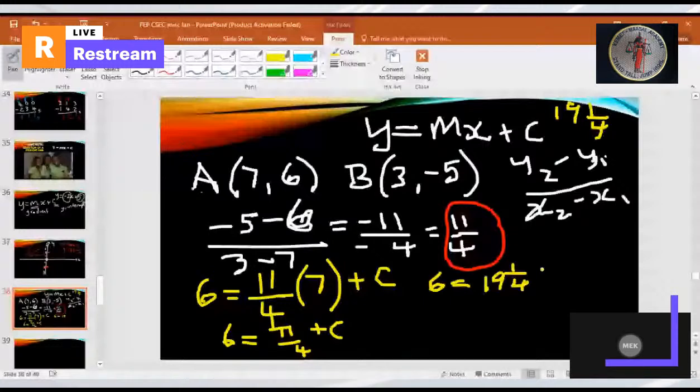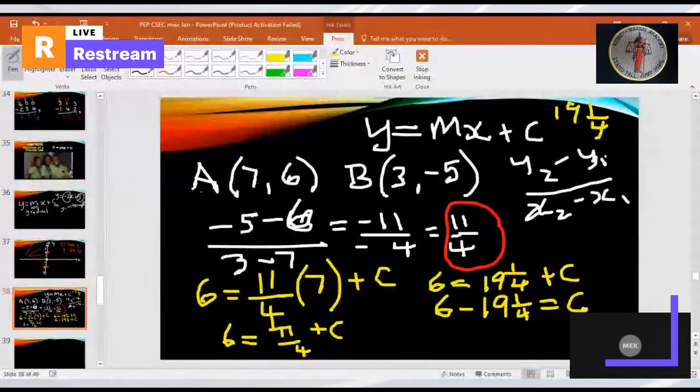So bring this over to the left, and that would give us c. What is 6 minus 19 and a quarter? That's negative 13 and a quarter.